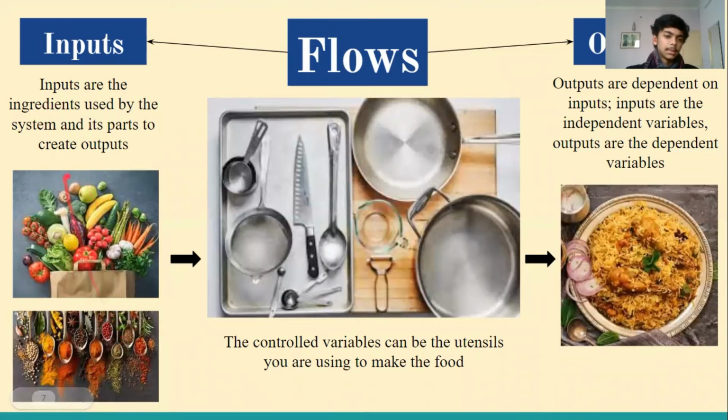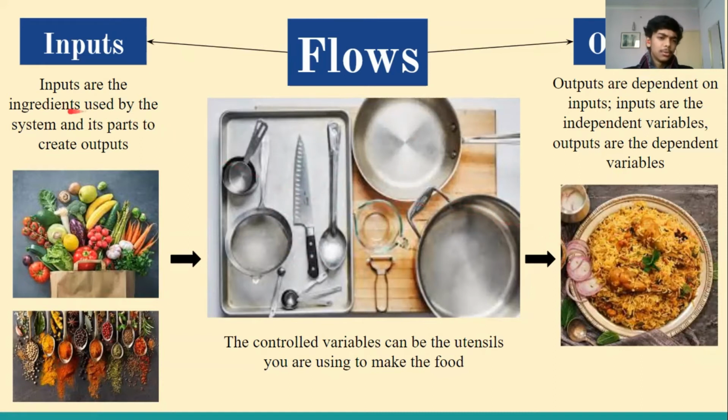Vegetables, spices, they're going to use all these raw materials, manufacture it, cook it, through these utensils, and these are the parts of the system which create the output which we want, which is here, the food, right? So ingredients, the utensils used for making the food, and the food itself.